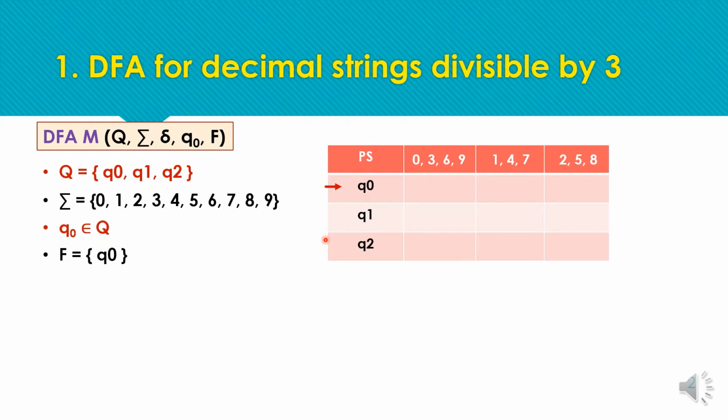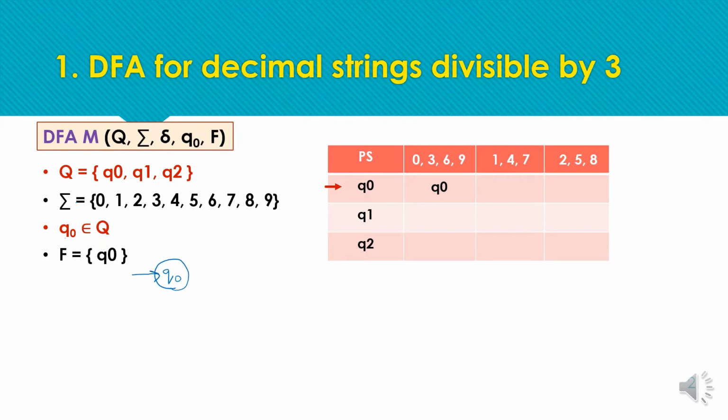Now, starting with the process of completing the states, from Q naught, on getting any input from the first set. Being on Q naught means we have received nothing, Q naught being the state for remainder 0.